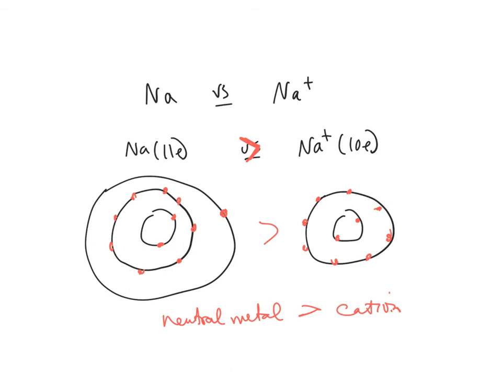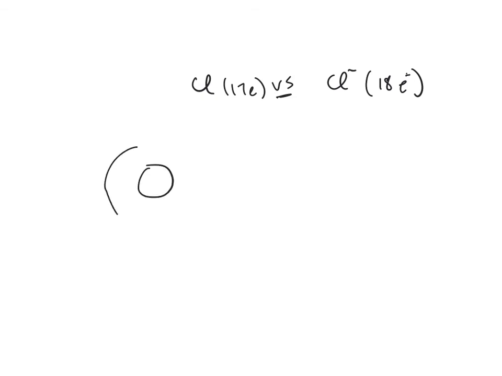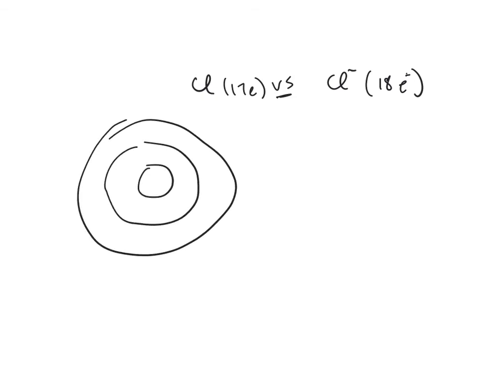Then the last one is chlorine versus chloride. Chlorine has 17 electrons. You're going to add one more, so chloride has 18. Let's see, for 17, you got 2, 8, 10, so there's going to be 7 in that one: 1, 2, 3, 4, 5, 6, 7.